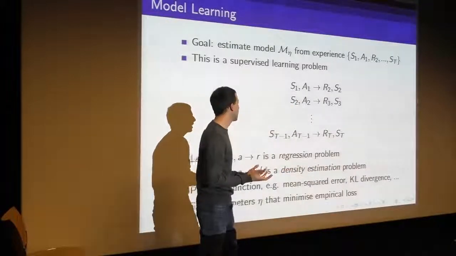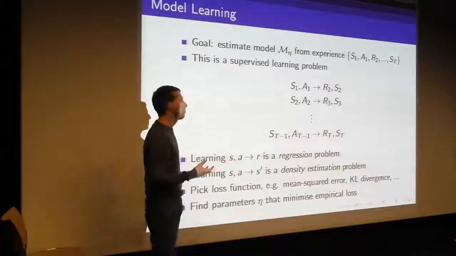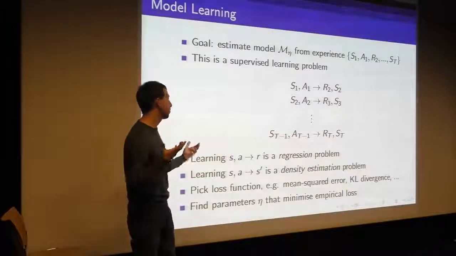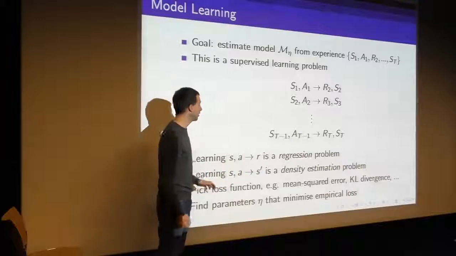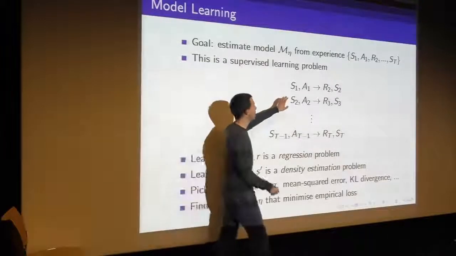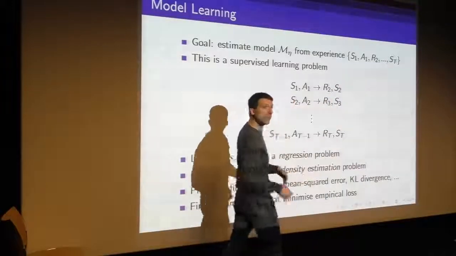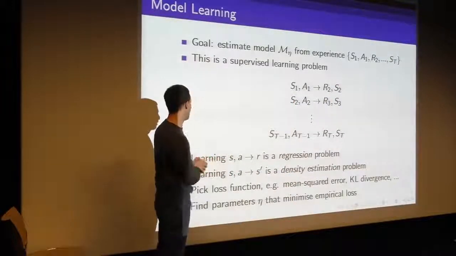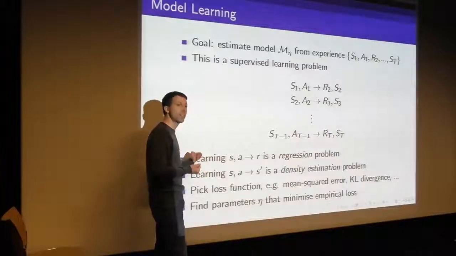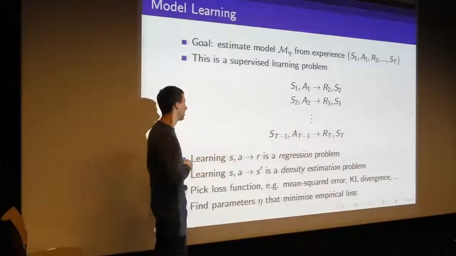We can use that training set to basically do regression to learn the rewards. So we're trying to now split this into two parts: the reward part and the state transition part. You don't have to split it, but it can be useful. One reason it's useful is that these are different types of supervised learning problems.